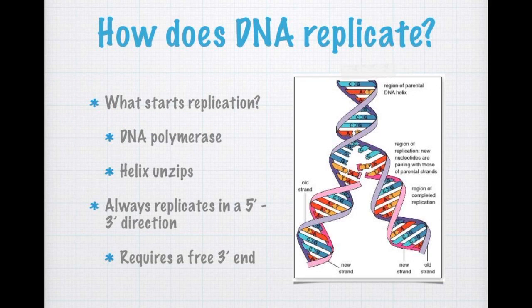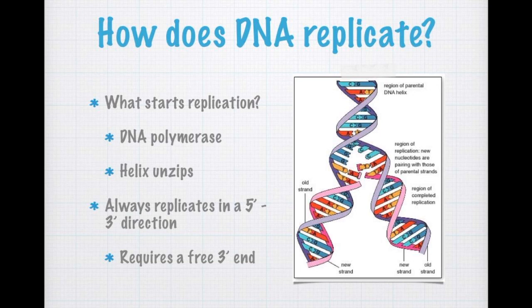So, how exactly does DNA replicate? What starts our replication? Let's look at DNA polymerase. This is an enzyme that basically helps to break open the helix with the help of the replication fork. Basically, this enzyme is what pairs up the new nucleotides with the old nucleotides.